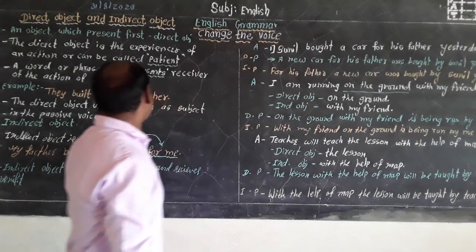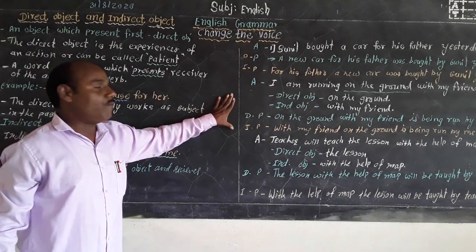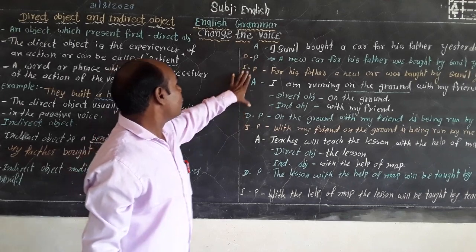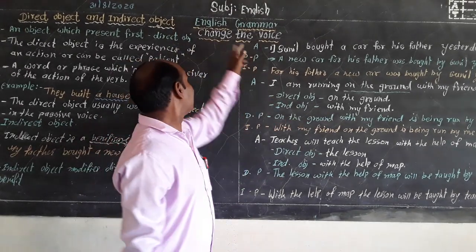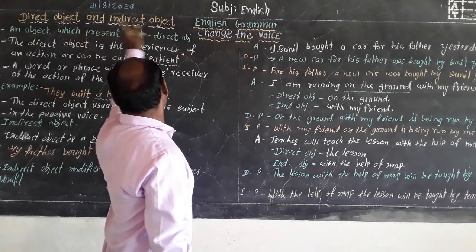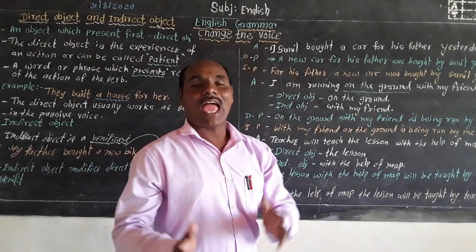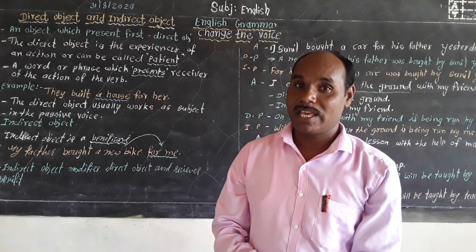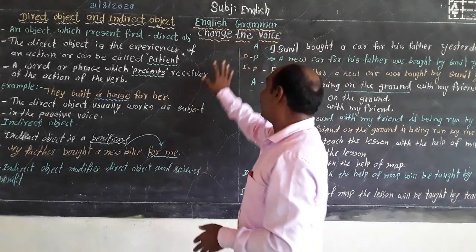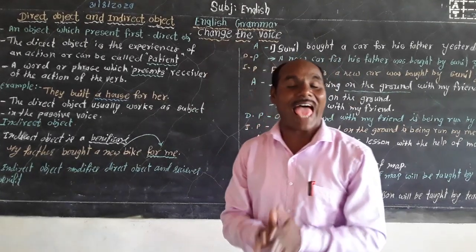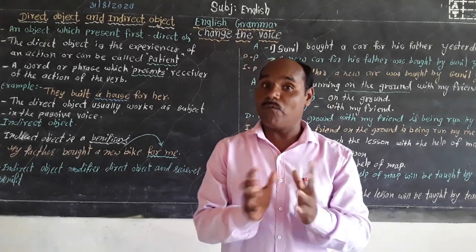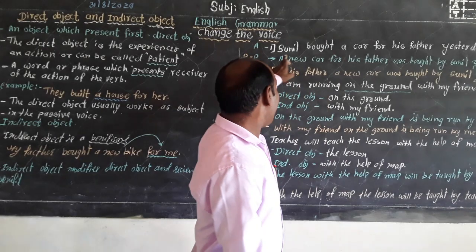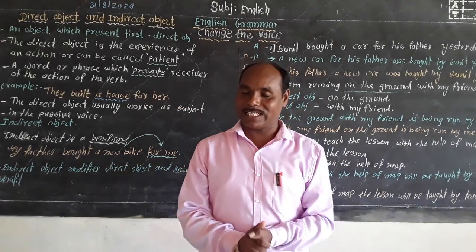These are the sentences which can be prepared using the rules and regulations of changing the voice for the direct object and indirect object. Don't forget that the formulas given according to the tenses are the formulas we have to apply to prepare the sentences.